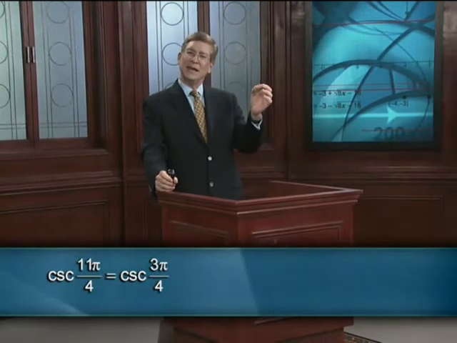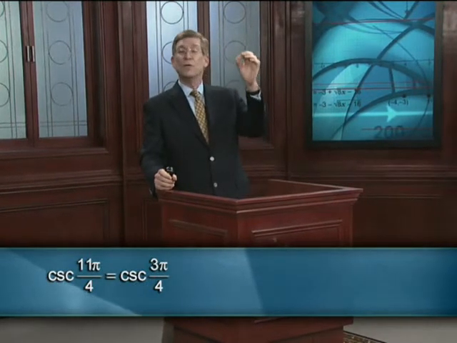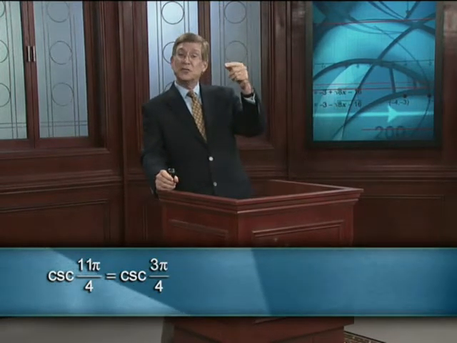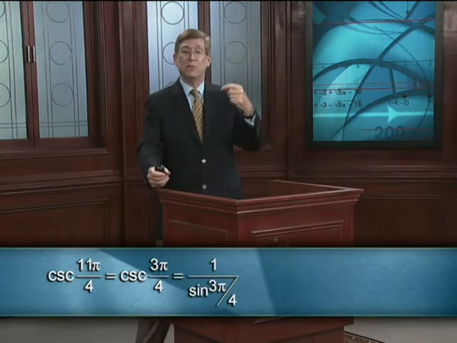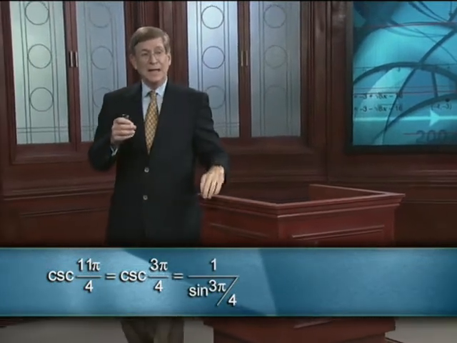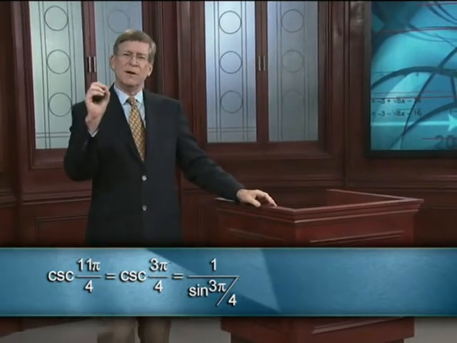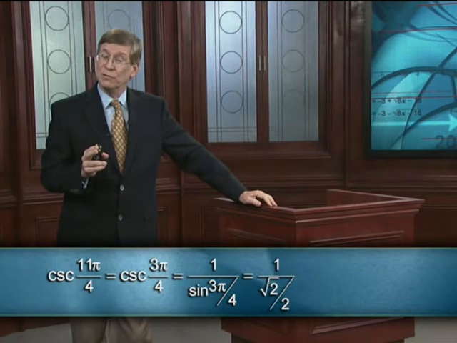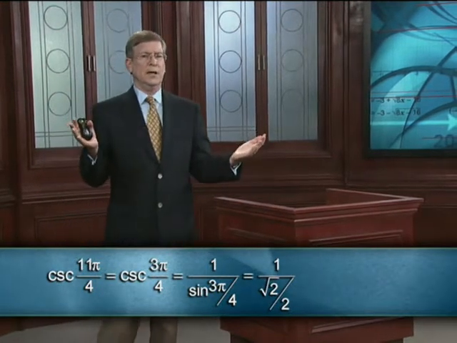So cosecant of 11 pi over 4 will be cosecant of 3 pi over 4 because those are coterminal. Cosecant is 1 over sine, so it's 1 over sine 3 pi over 4. And now I say, well, wait a minute, the reference angle is pi over 4, so it's square root of 2 over 2. Is it plus or minus?